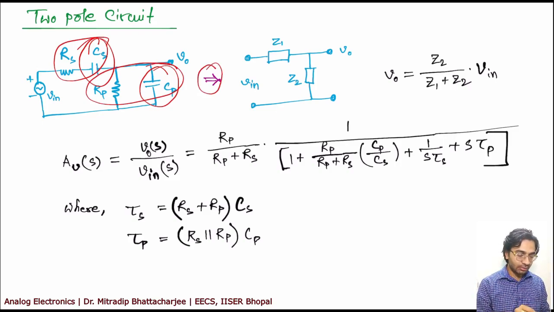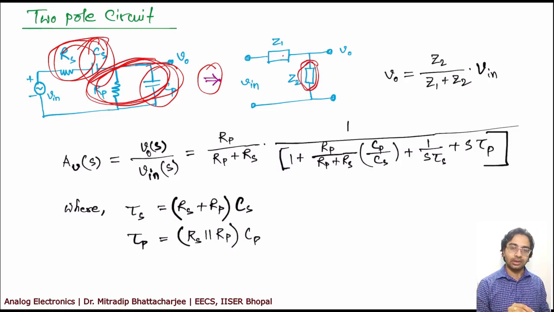This is the equivalent circuit I have shown here. For this RC value, you have a Z1 which is in parallel with this RC arrangement, so you have another impedance Z2. Now what will be your output V0? Your V0 will be just like a voltage divider, Z2 divided by Z1 plus Z2 times Vin. I did not do the entire circuit analysis.